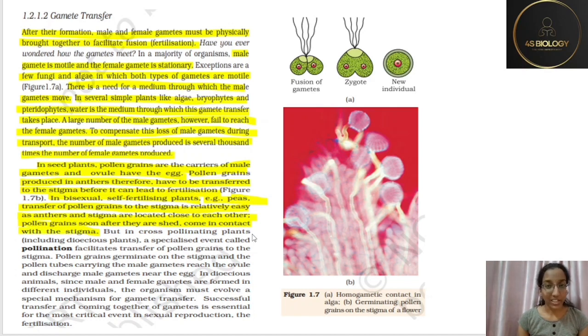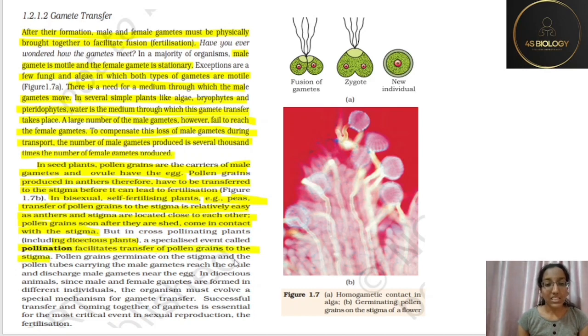But in cross pollinating plants, what is cross pollinating? It will be unisexual: if one has male, the other has female. This is cross pollination, like in dioecious plants, which is again unisexual. A specialized event called pollination facilitates transfer of pollen grains from anthers to stigma.